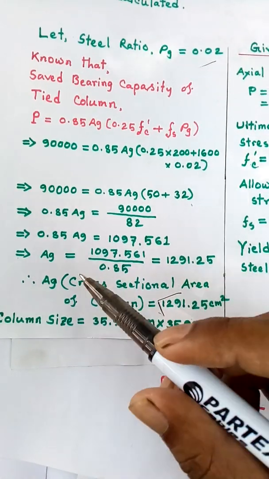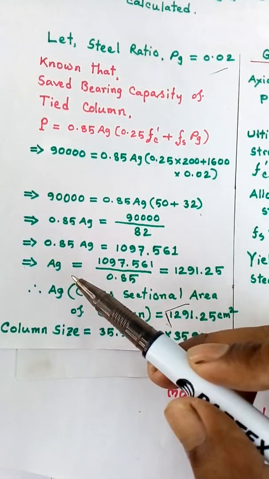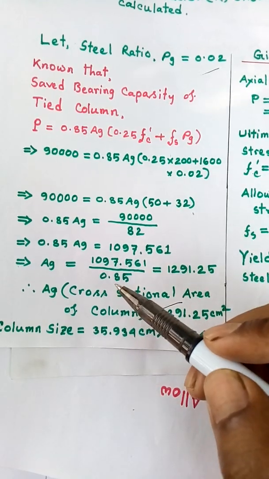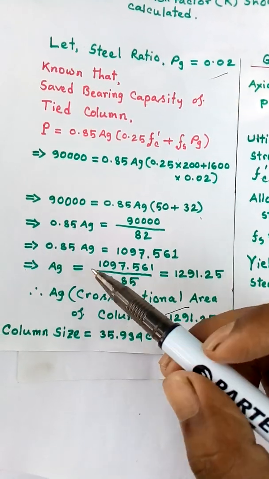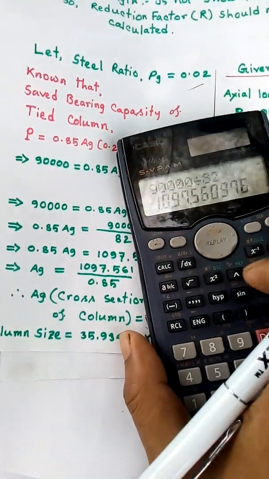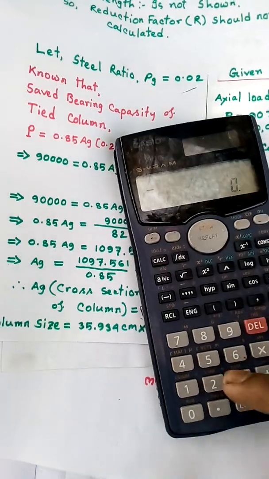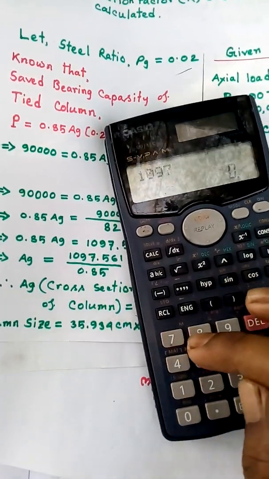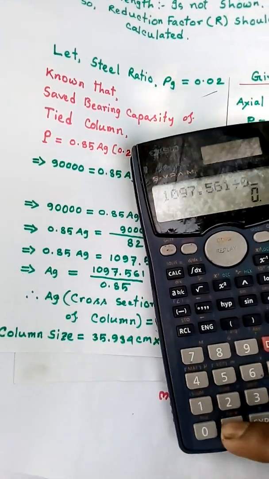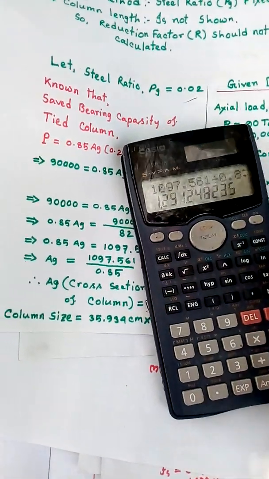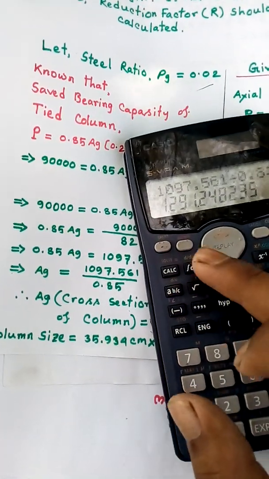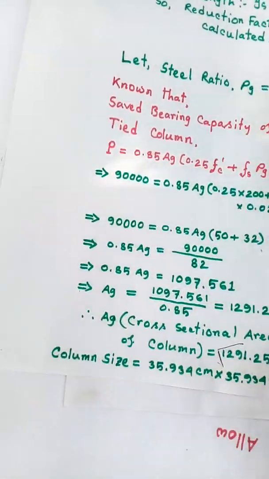Okay, Ag equal to 1097.561 divided by 0.85, we can get 1291.25.